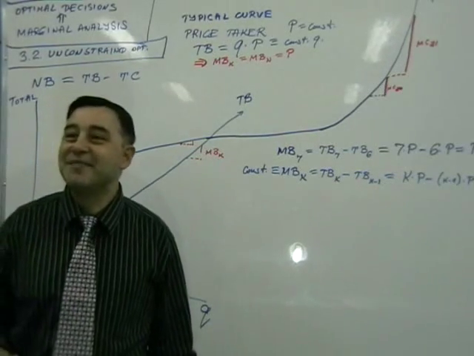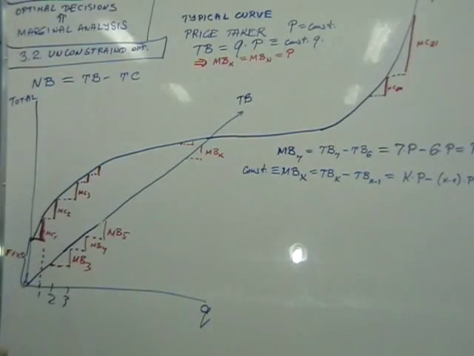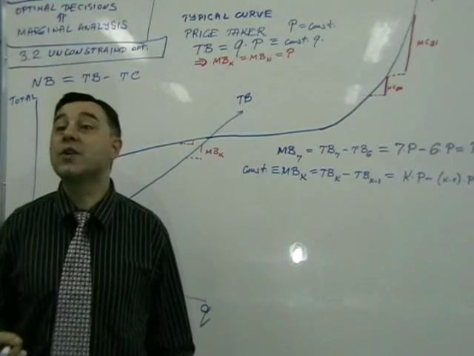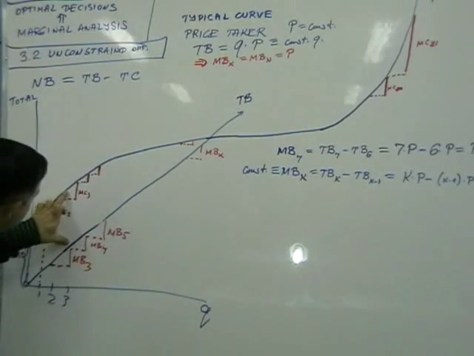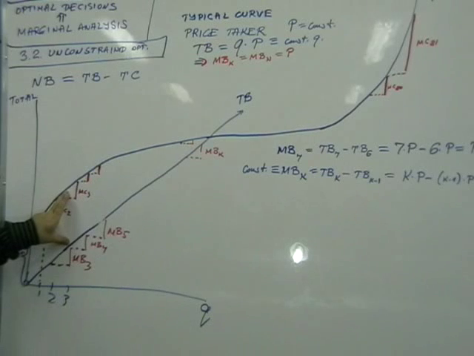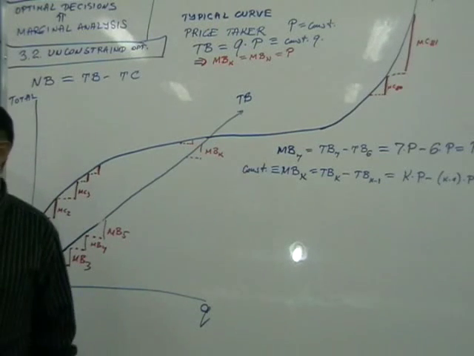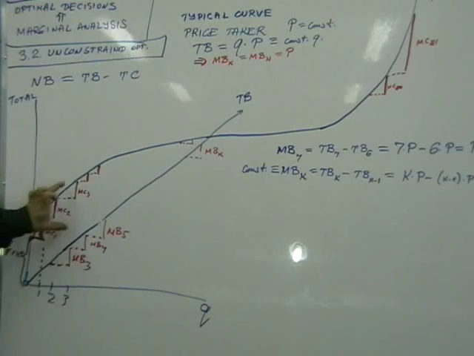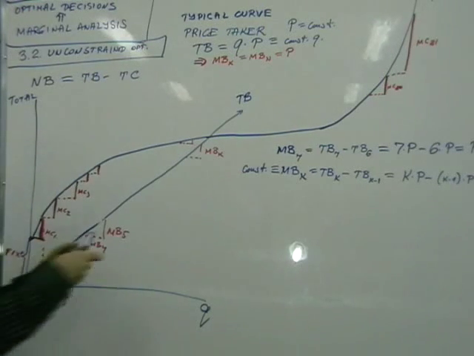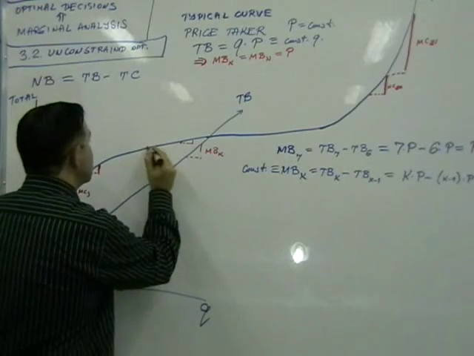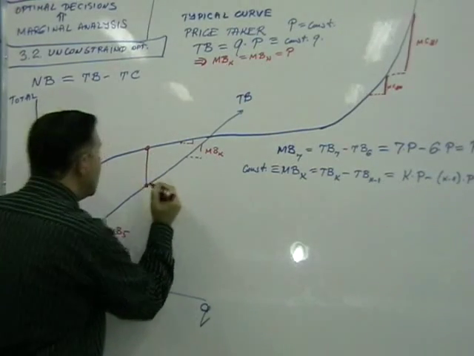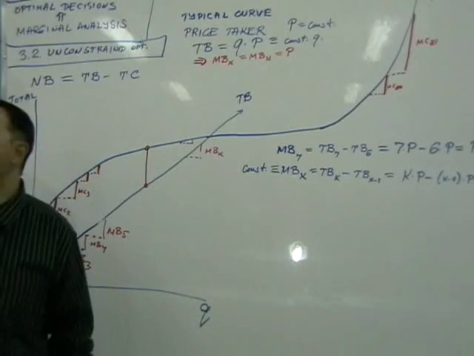Whew. I'm not done yet. So now we have to figure out what's going on. Alright, so what is this representing? Is this representing profit or loss? Loss. No? Profit? Come on. The cost of producing. No, the difference between the two curves. Alright, so this difference here is minus net benefit.